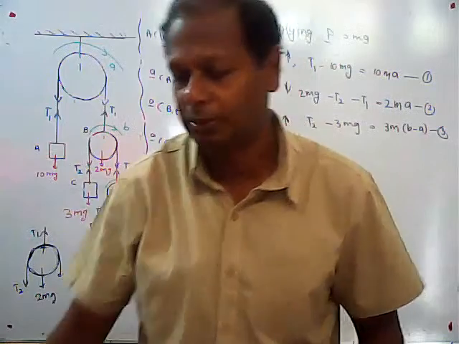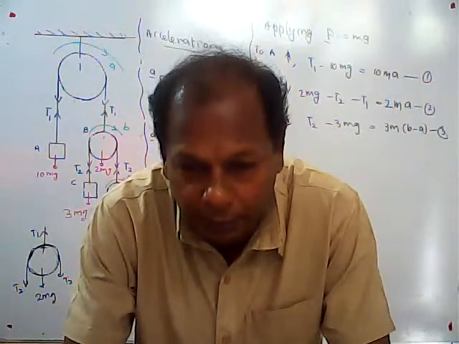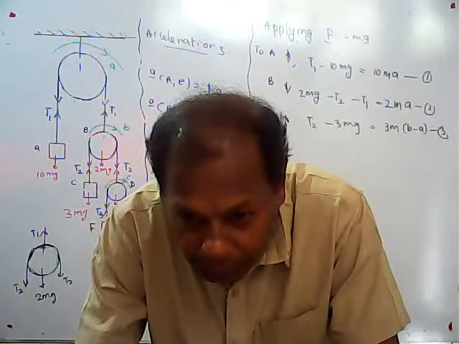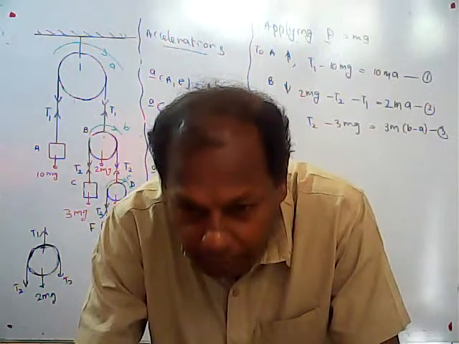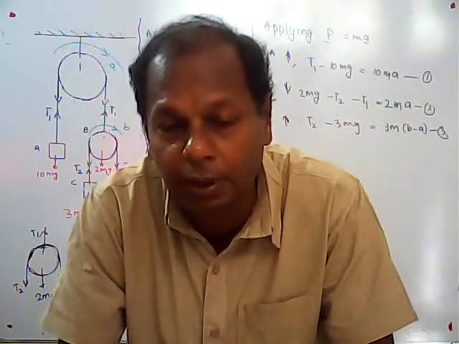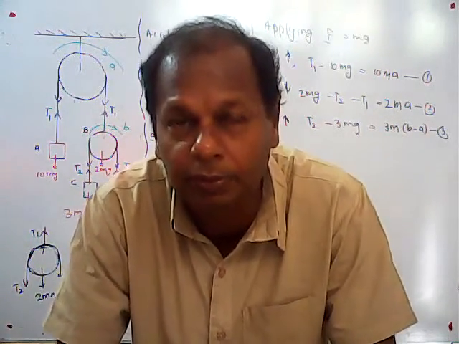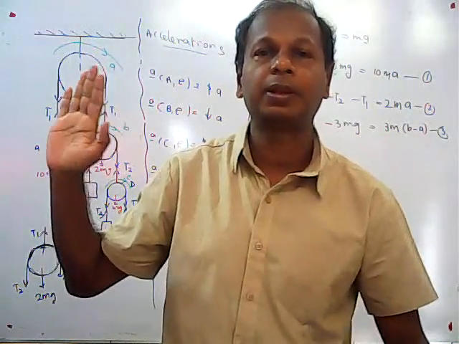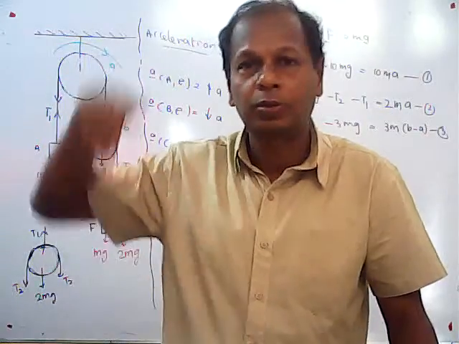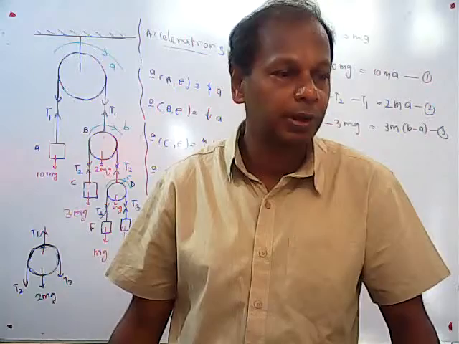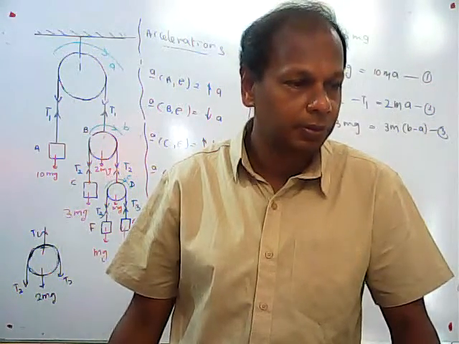No problem. Mark it in whichever direction you like. The same answer. Whatever the direction you mark, upwards or downwards, you will get the same answer. If you mark upwards and get a positive value, for someone who marked downwards, it will be a negative value. That's all.